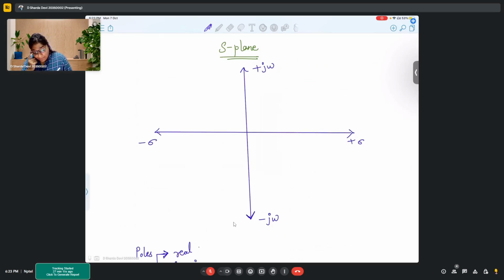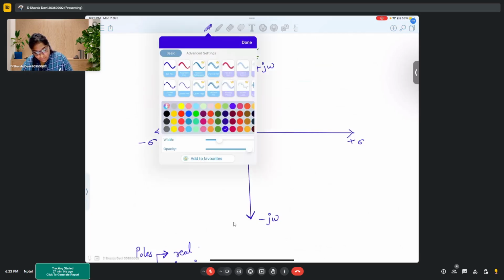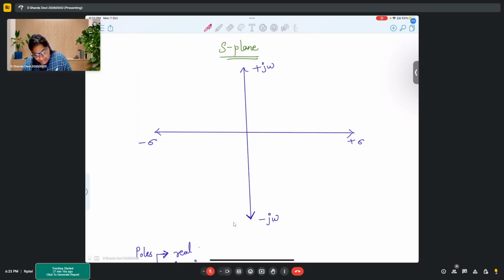For example, let's say I have poles here. We would have two poles, and these poles can be anywhere. So let's say my two poles, which are real poles, are present at my sigma axis. So that means these are real poles.